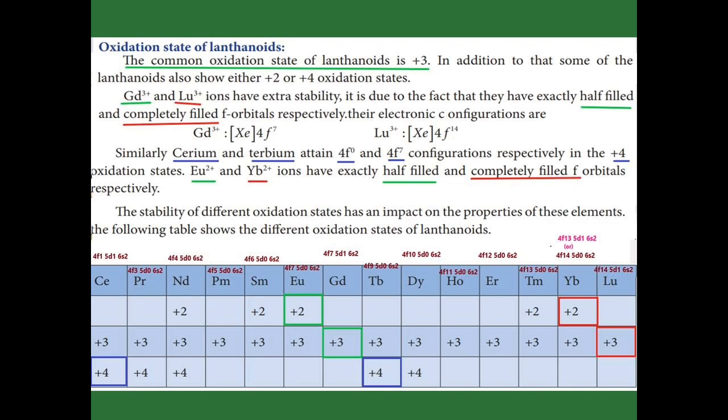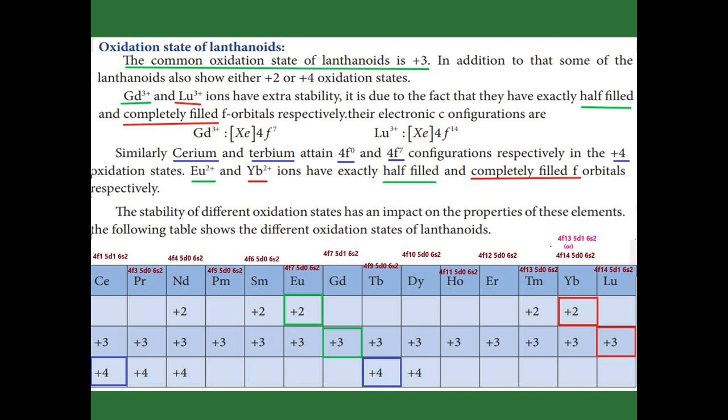Next, europium has the electronic configuration 4f7 5d0 6s2. If we lose the 6s electrons alone, it attains the configuration 4f7, which is stable. So europium 2+ is a stable electronic configuration, with oxidation number +2. In ytterbium, the outer electronic configuration is 4f14 5d0 6s2.